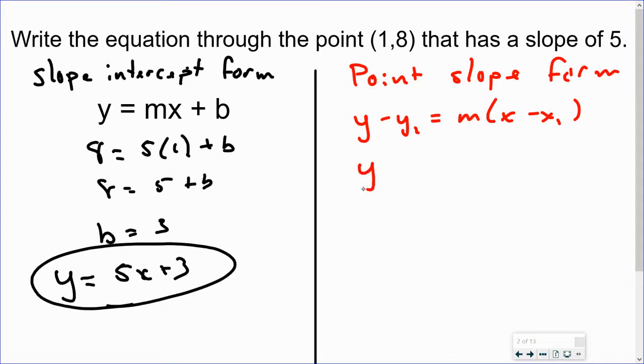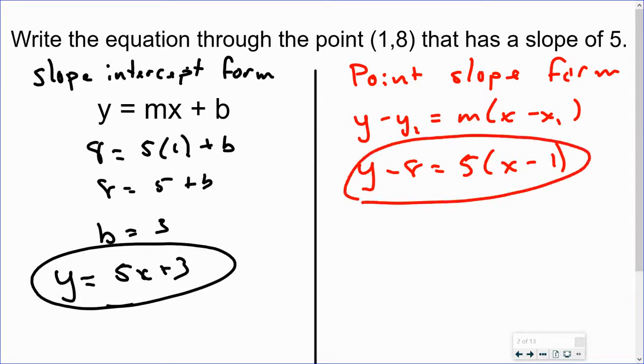So I would just substitute those values in. The slope was 5, and x1 is 1. Now notice it's still subtract because it says the opposite of those. And that's all it takes. That's why, in my opinion, there's a huge advantage to point-slope form when I'm given a point and a slope. It just makes it so much easier to do.